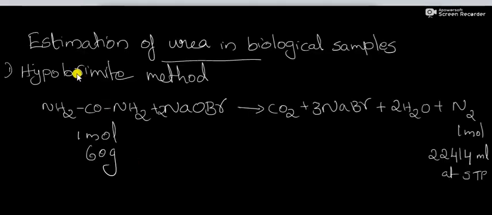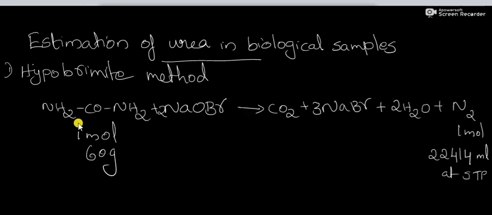Next is estimation of urea in biological sample. First method is the hypobromite method. The estimation of urea for clinical purposes is usually performed by the hypobromite method. This method is based on the decomposition of urea into water, carbonic acid, and nitrogen by means of alkaline solution of hypobromite of soda.